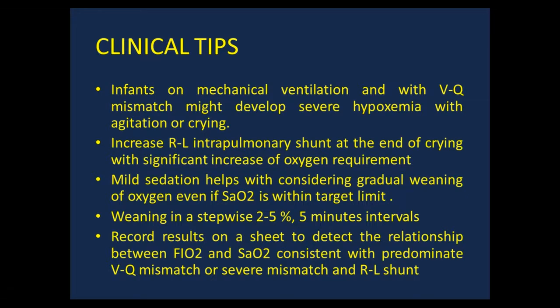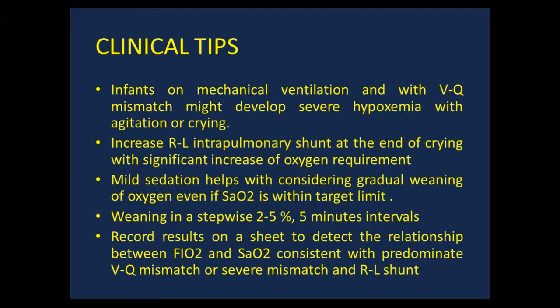So once he settles down, you can wean his oxygen back even if he stayed within the target limit, because remember that the right to left shunt increased significantly, and with right to left shunt you may increase the oxygen without any improvement in saturation. At the same time, you can wean back the oxygen without a significant change in the saturation.